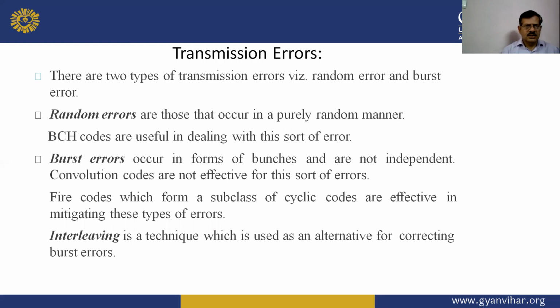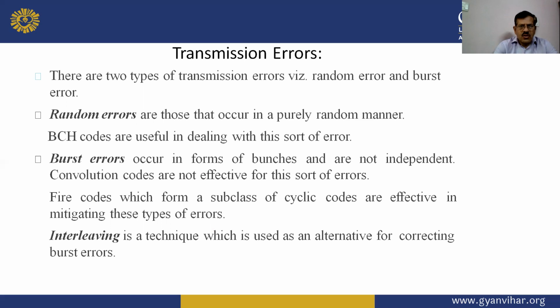Random errors are those that occur in a purely random manner. BCH codes are useful in dealing with this sort of error. Burst errors occur in the form of bunches and are not independent.